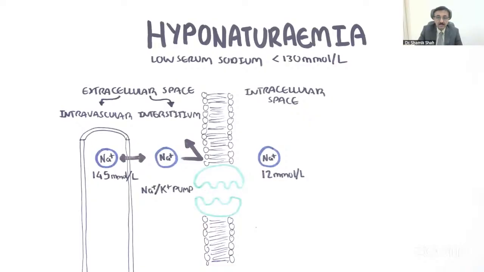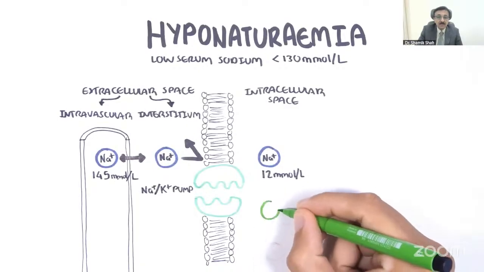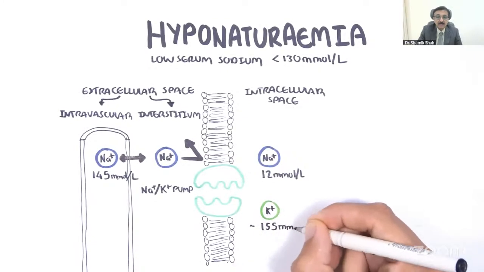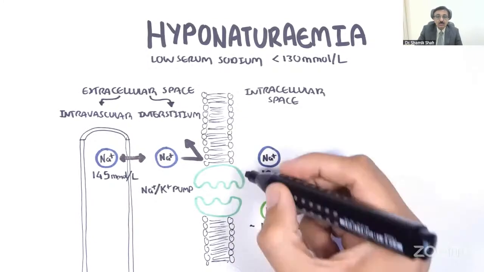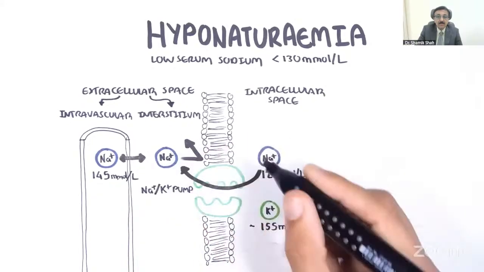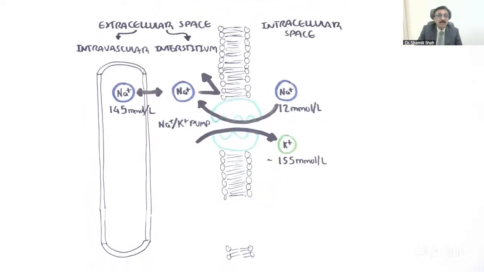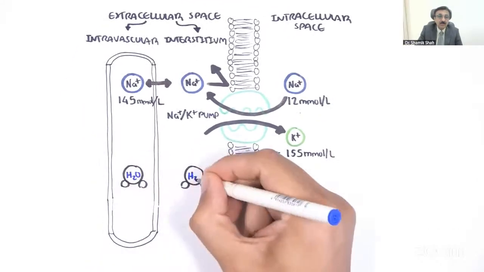And we know that the potassium inside the cells is at a much higher concentration than the sodium. And this is regulated by the sodium potassium pump, which we know is energy dependent, ATP dependent. So we know that intracellularly, the potassium is about 155 millimoles per liter, but extracellularly, it is about 4.5 millimoles per liter.